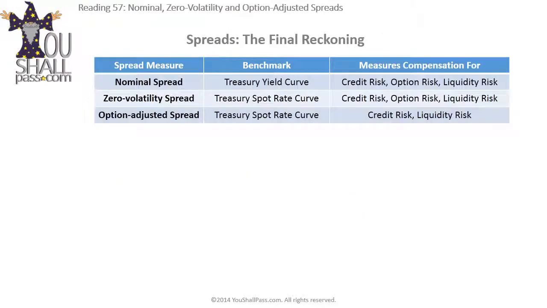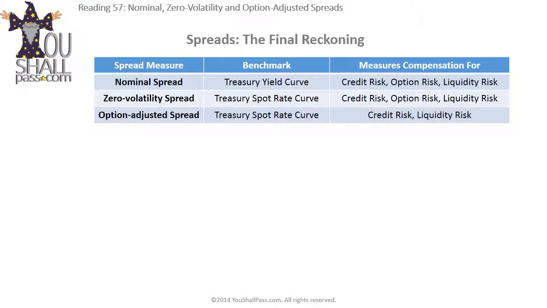By now, we've talked in depth about all three spreads, that is the nominal spread, the zero volatility spread, and the option adjusted spread. This table shows what each of these spreads are benchmarked against and what they actually measure, and as in what risks do they measure compensation for.